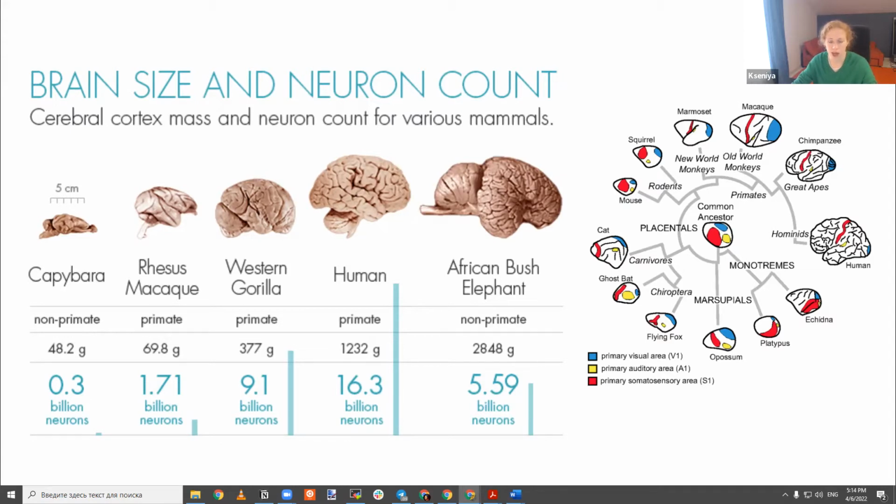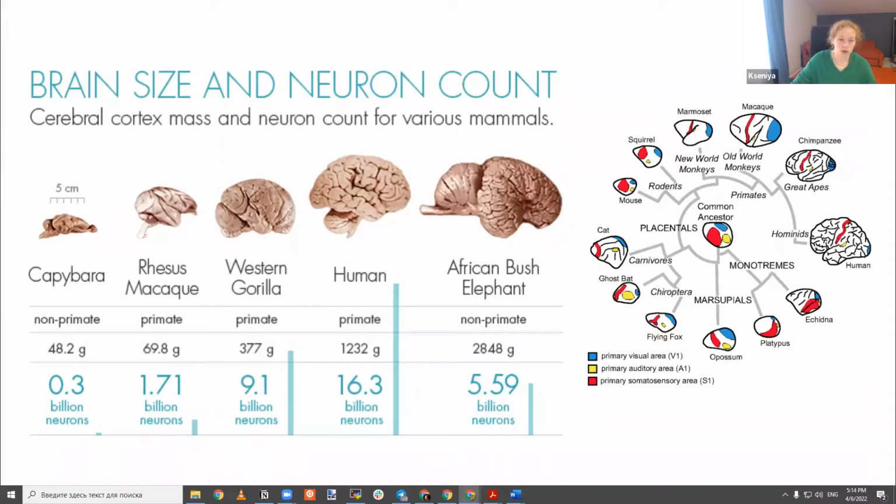And the area of the brain which has the greatest amount of recent evolutionary change is called the neocortex. For example, in fish, this area is called the pallium, and it's smaller and simpler relative to body mass than what is found in mammals.